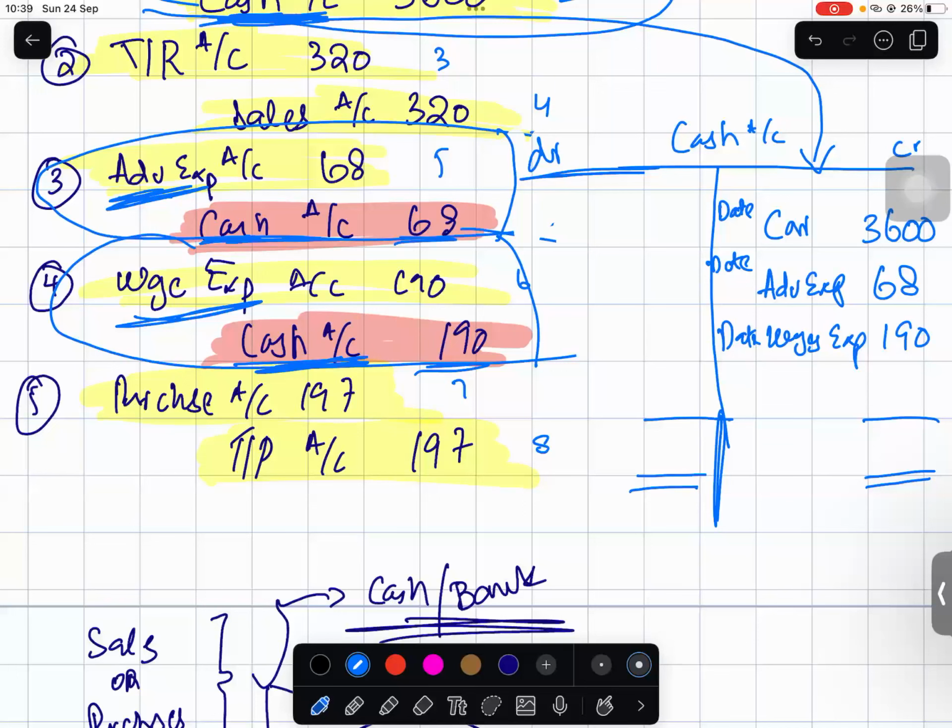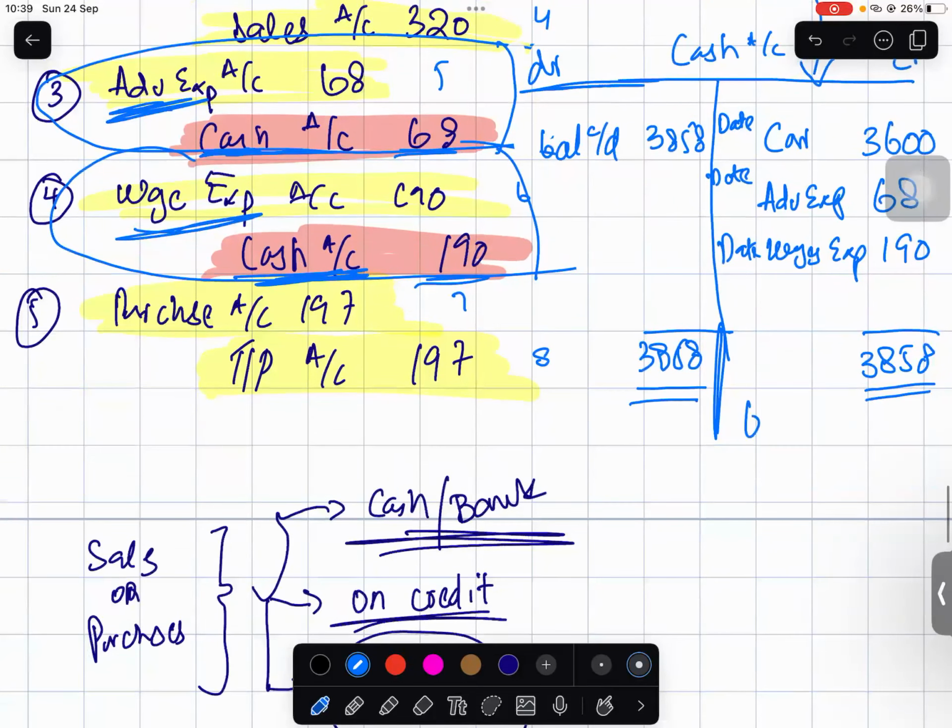Yeah, so you will write the total of the larger side on both sides, and then from this side you will name the balancing amount as balance carried down, and you will write whatever the difference there is on both sides, and then you will move it to the other side for the next accounting period. This is what balancing is.